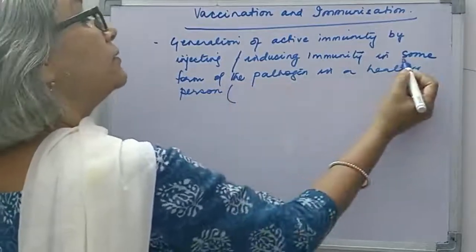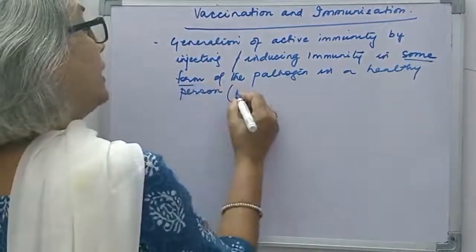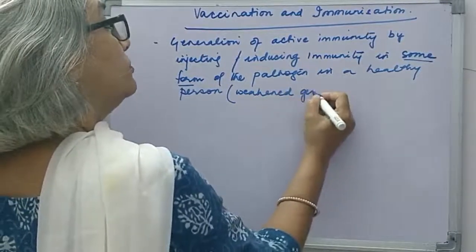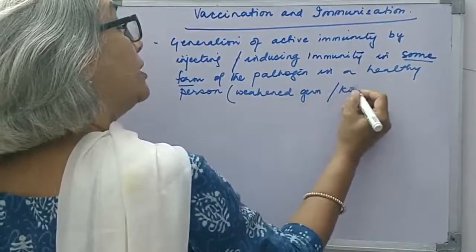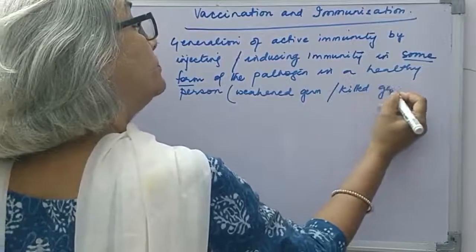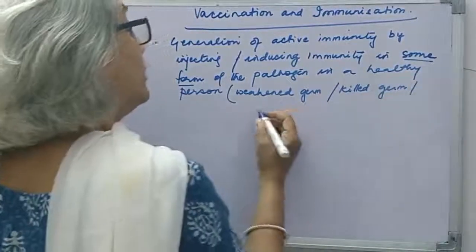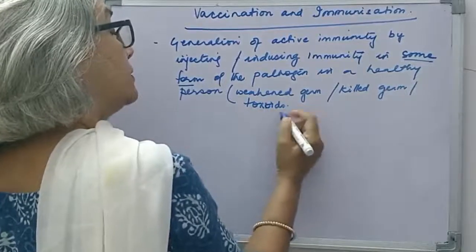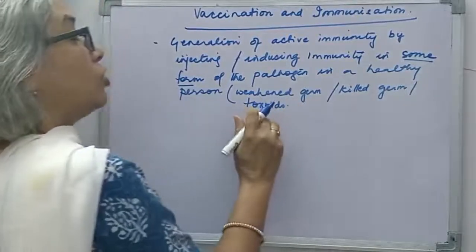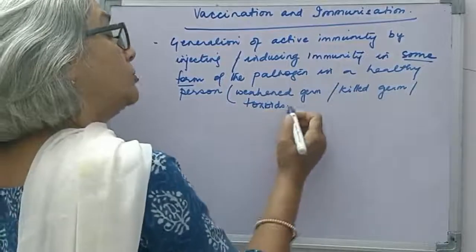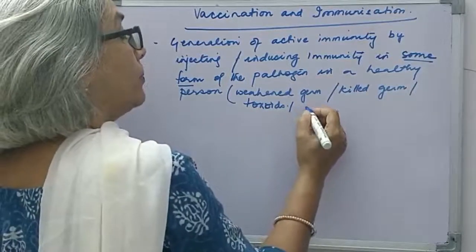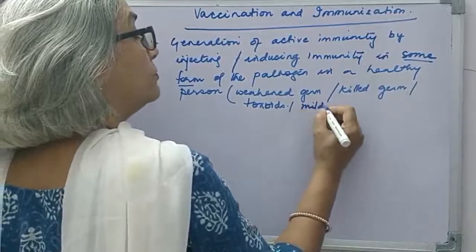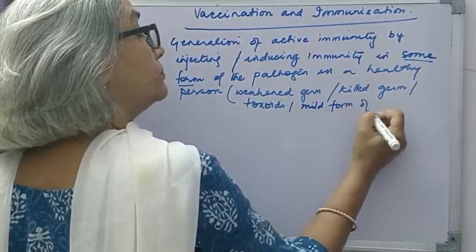When I say some form, it can be a weakened germ, it can be a killed germ, or it can be toxoids, that is harmless toxins produced from the germ, or a mild form of the germ.